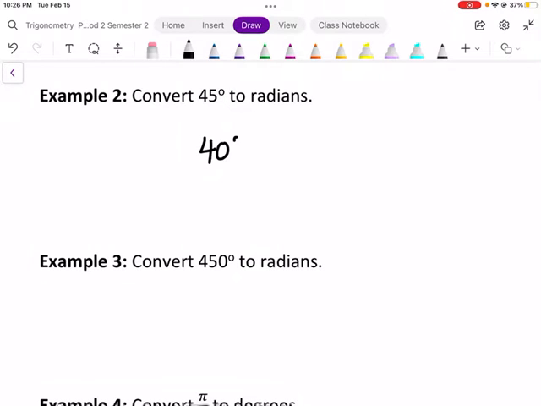The first one, we're going from 45 degrees to radians. So we're going to multiply this by pi over 180. Oh, I wrote 40. That should be 45. When you're multiplying these, you can simplify before you multiply, or you can do it after.